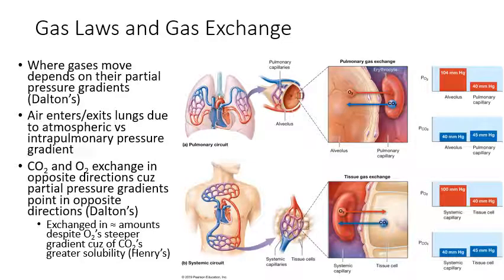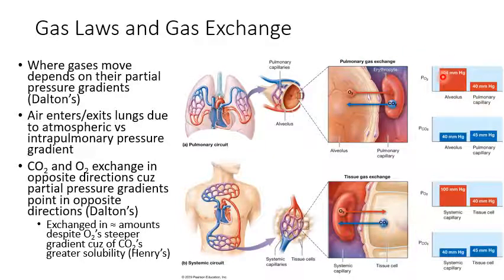Okay, so here's how those gas laws contribute to gas exchange. So first, where those gases are moving depends on the partial pressure gradients. And that's Dalton's law. So if you look at the respiratory membrane here in an alveolus, on one side you have the air in the alveolus, on the other side you have the blood of this pulmonary capillary. And here you have the partial pressure gradients for oxygen and for carbon dioxide on either side of the respiratory membrane in the middle.